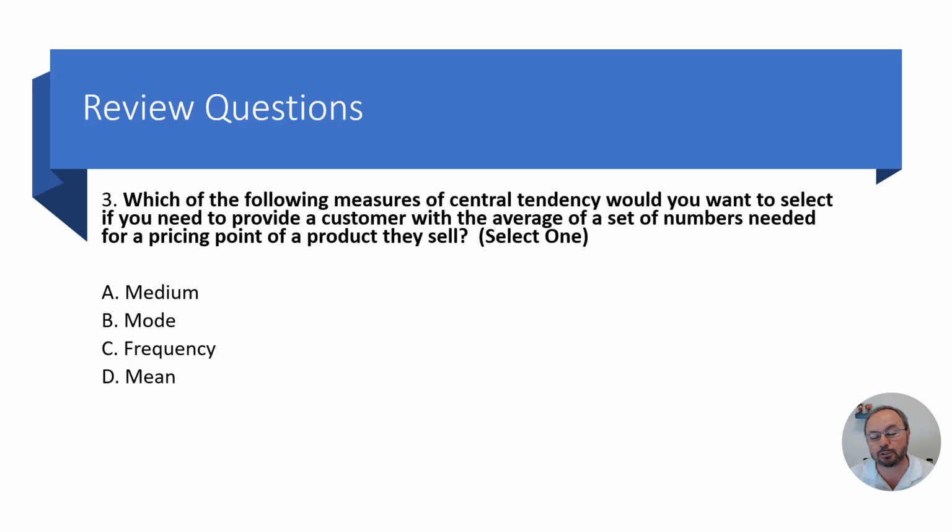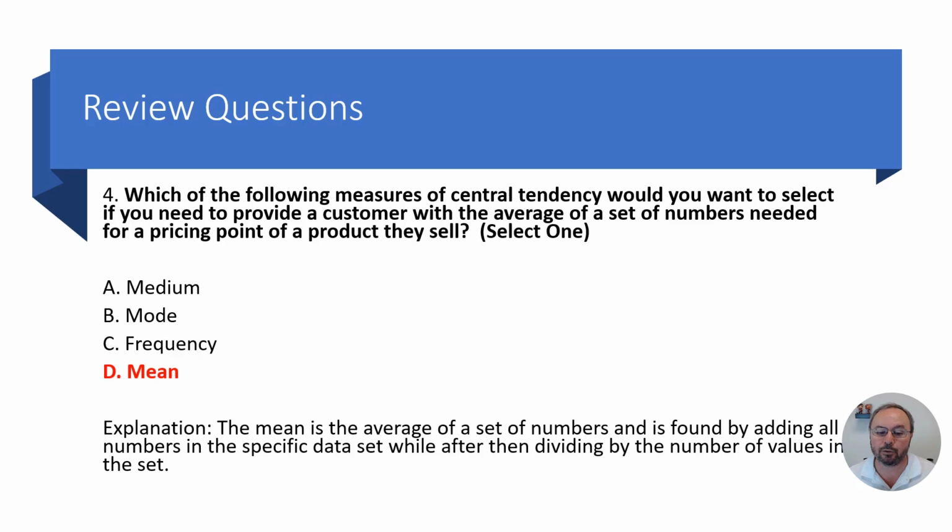Which of the following measures of central tendency would you want to select if you need to provide a customer with the average of a set of numbers needed for a pricing point of a product they sell. Pretty much, you'd want to know the mean. Remember, this is the average of a set of numbers, and we would find that by what? By looking at all the numbers in that data set.